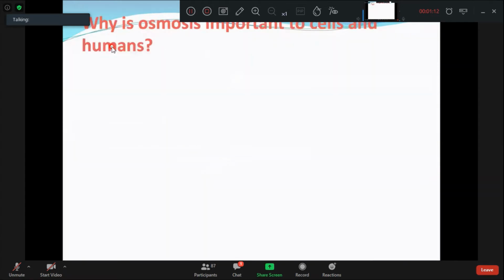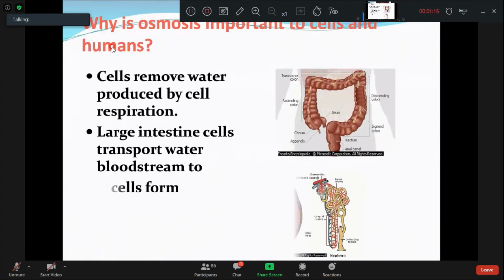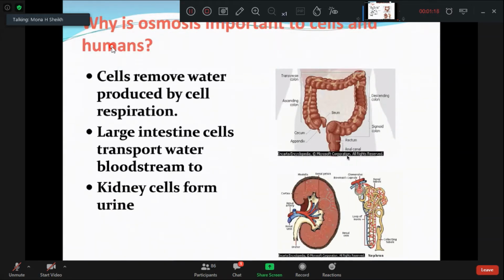Okay. Now, why is osmosis important? Cells remove water by cell respiration. So during the respiration, the cells, they remove the water. Large intestinal cells transport water to bloodstream.